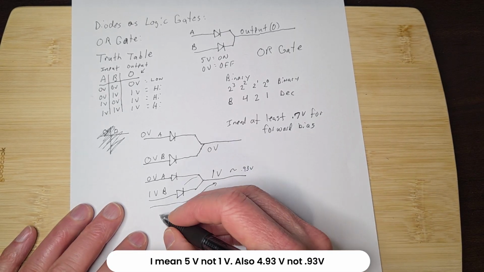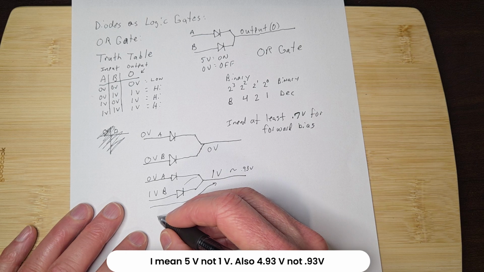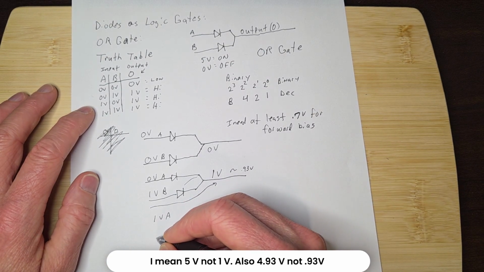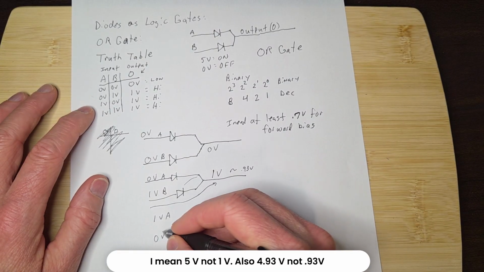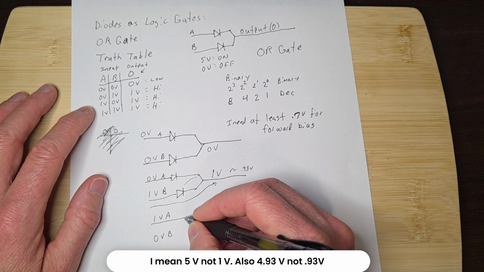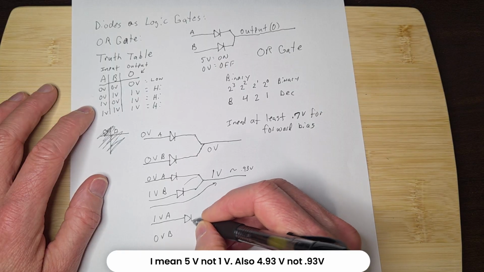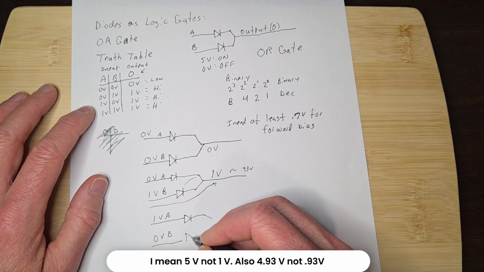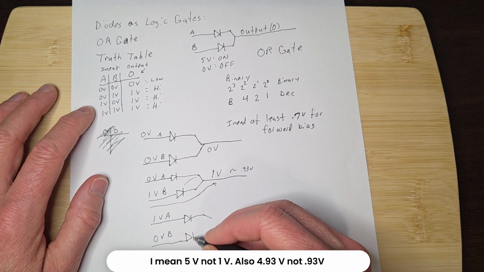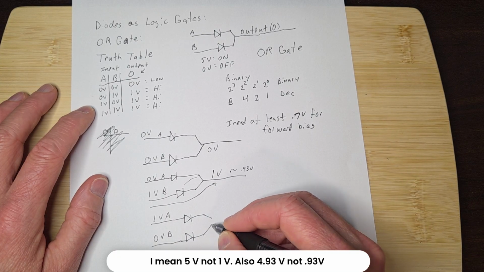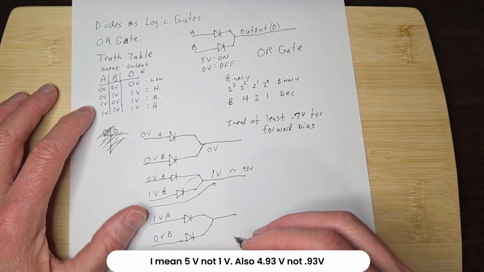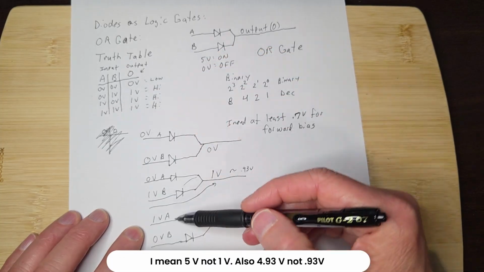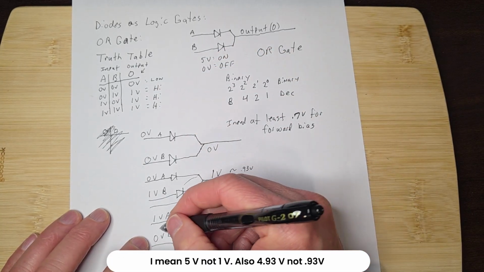The same way with this one here, now A is 1, right? And B is going to be 0. Well, you have a diode coming in here. This is a horrible drawing, but I think you're getting the idea. So now if I have 1 volt on A and 0 on B, current's going to flow this way.